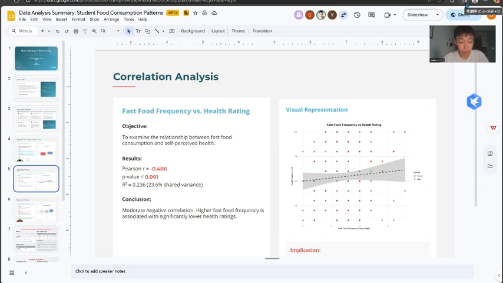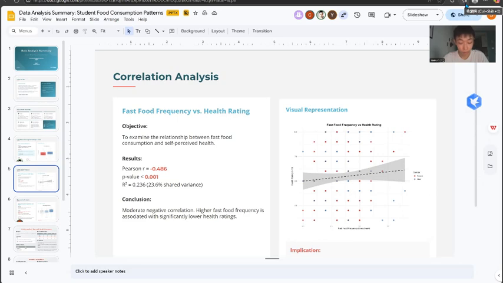An R squared of 0.236 indicates that nearly a quarter of health rating variance is explained by fast food consumption.